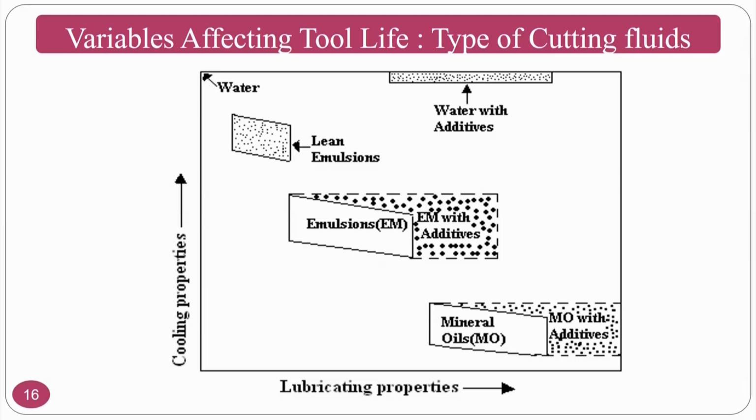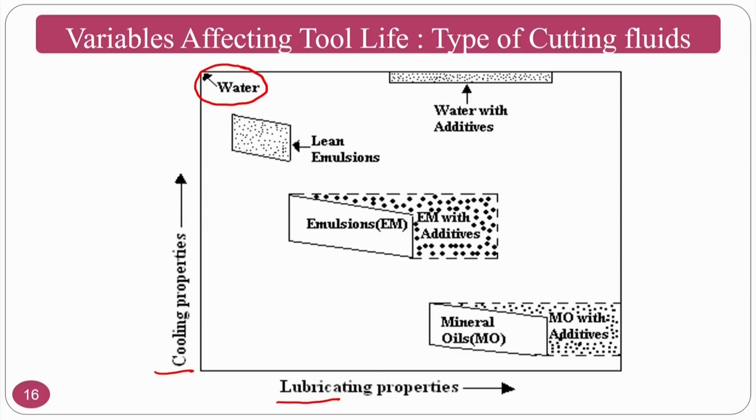This graph we will see whenever we are talking about the cutting fluids. Since we have seen already the cooling properties and the lubricating properties, if I want better cooling property, water is the better cooling agent.